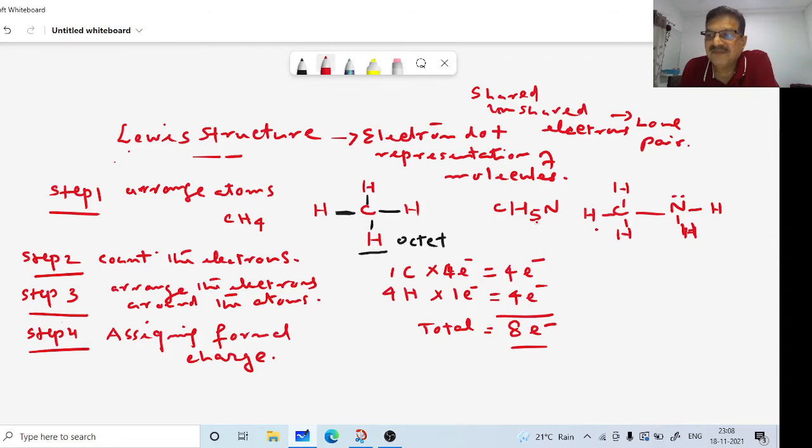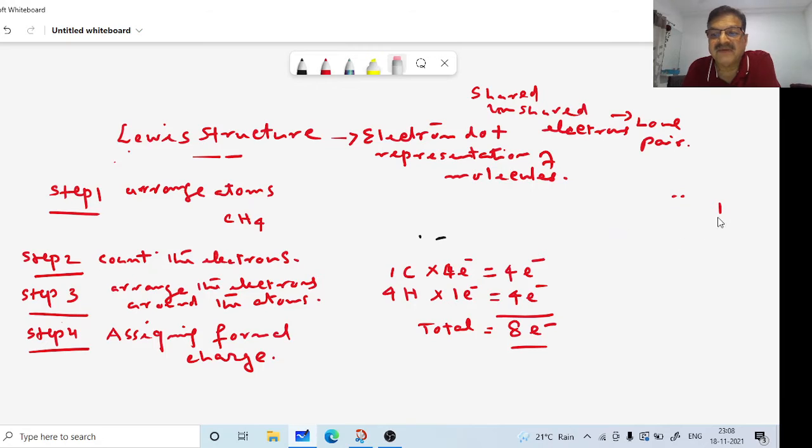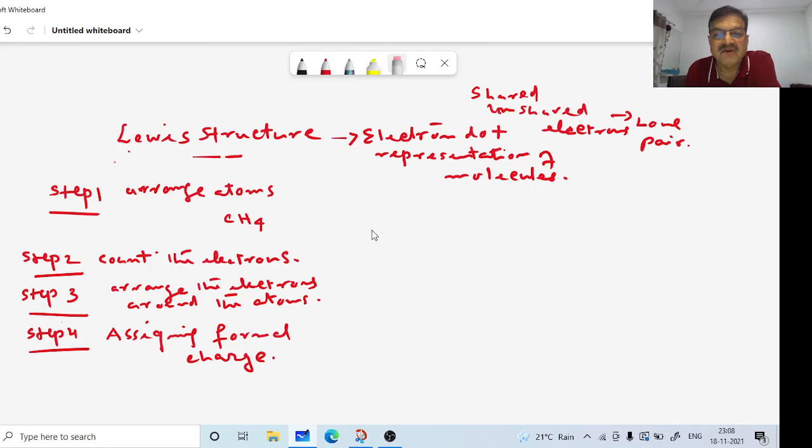Now after having discussed this, another example. I will just erase this portion. So methyl alcohol. How will you draw a valid Lewis structure for methyl alcohol? Methanol. How will you draw the Lewis structure here?